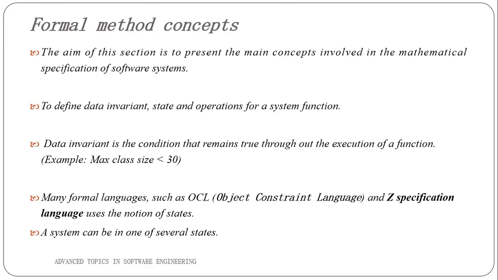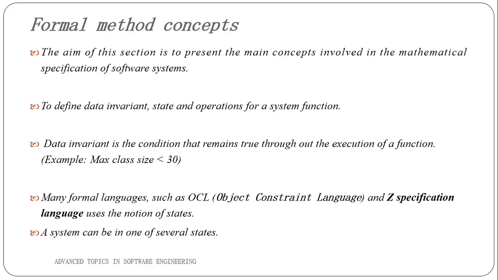So all the mathematical concepts that we have studied as sets, constructive sets, set operators, logical operators, sequences, these all will get used when we are working with formal methods.